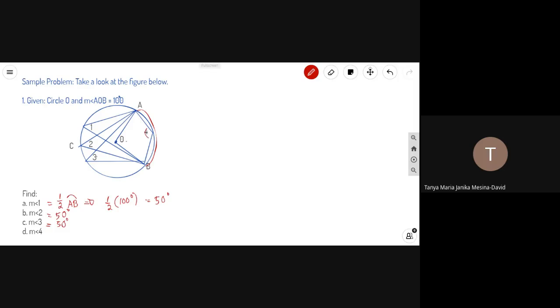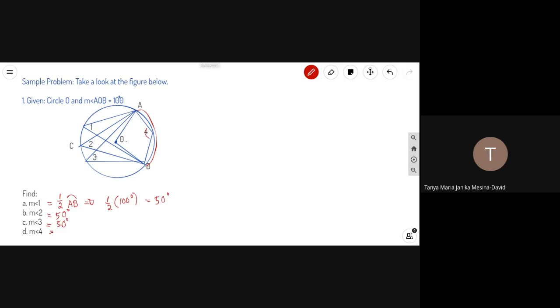Let's look at angle 4. The intercepted arc of angle 4 is arc ACB, which is the major arc because AB is our minor arc, intercepted by the central angle.